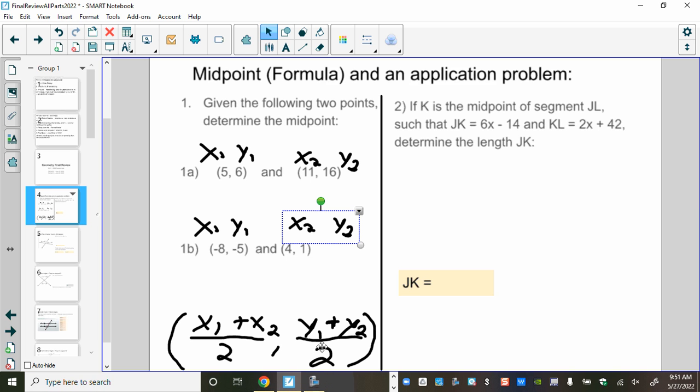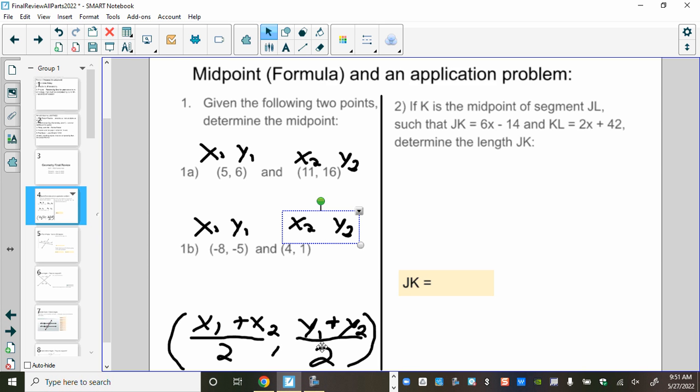So on the bottom is your general rule. Then what you do on the top is add your x's, divide by 2. Add your y's, divide by 2. And then on the bottom, same thing.